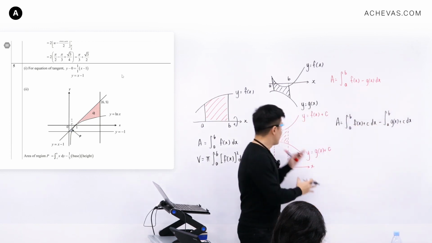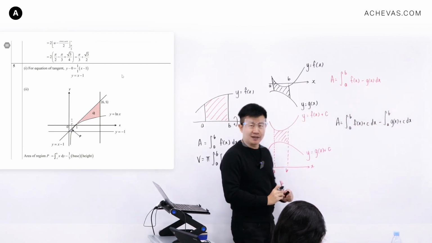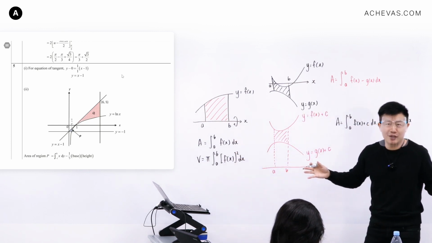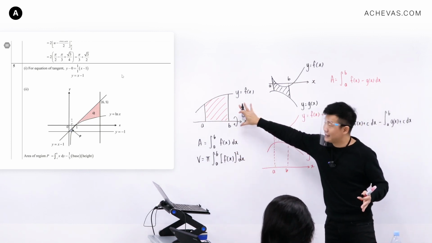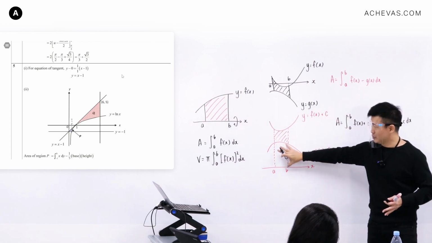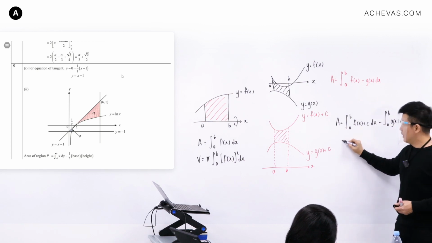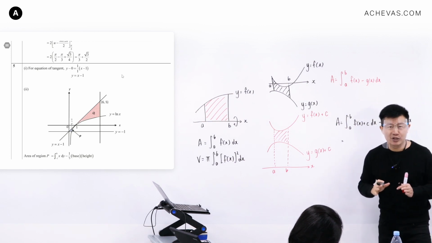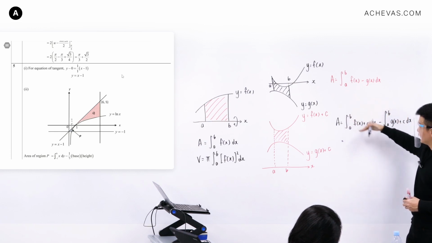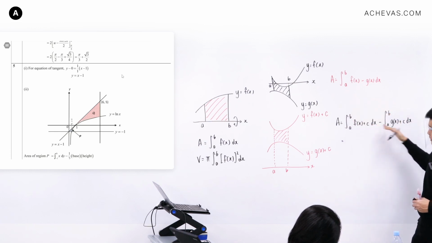And now we are just trying to take one area minus another area, subjecting ourselves to the formula. So I'm applying here correctly, and I'm going to apply this for here. And we have learned for integration, we can put the two integrals together, provided that the lower and upper limits are the same, and it is happening here.